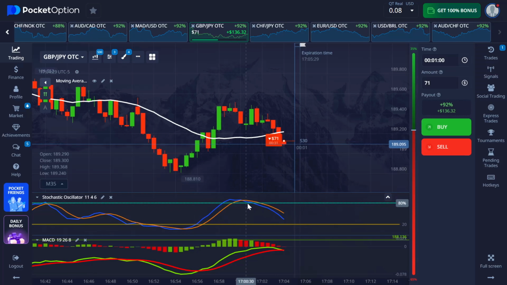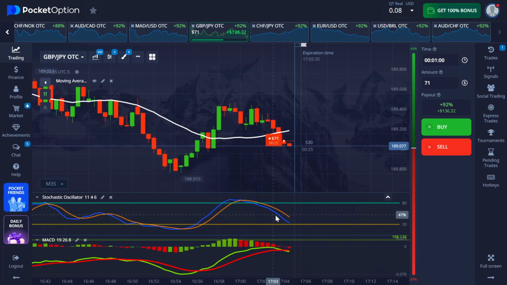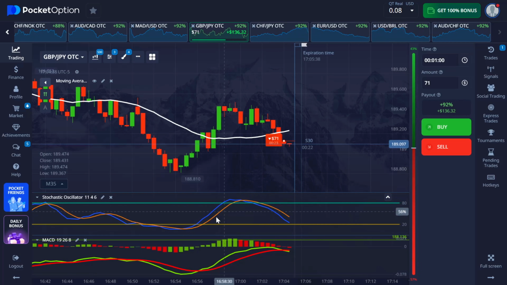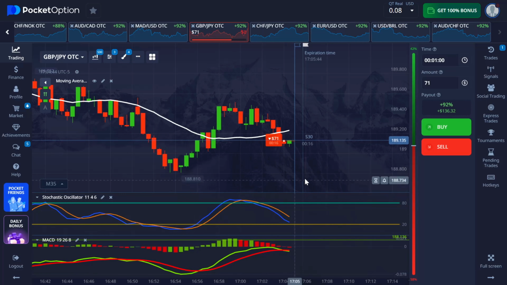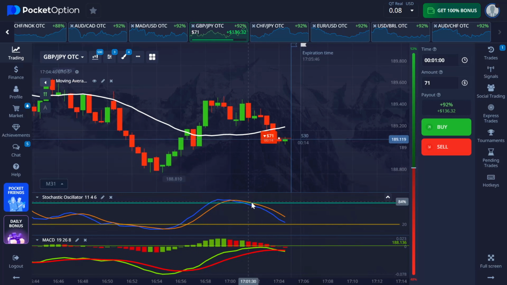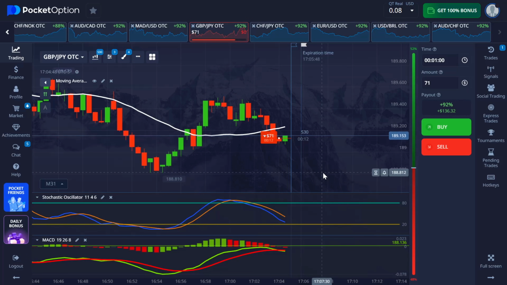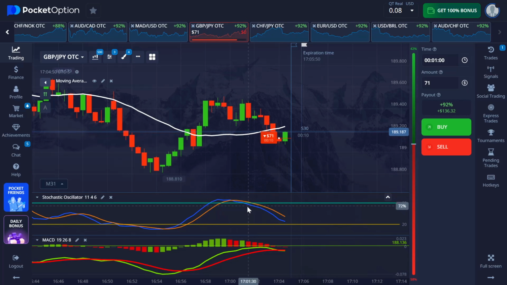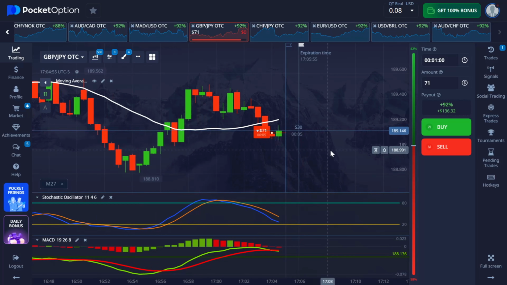It crossed for a very good while, but it finally breaks the oversold level and comes down. So I was like, yes, whenever your stochastic oscillator goes over the line and then crosses back in, it's very strong versus when it's inside. Okay, just thought you should know that, guys. Let's wait for this one to close.